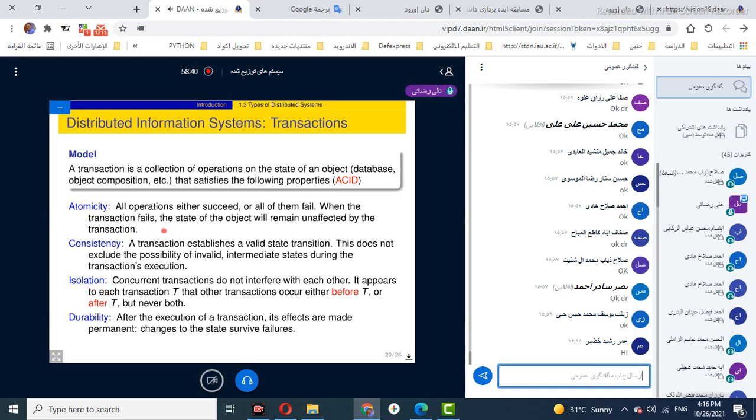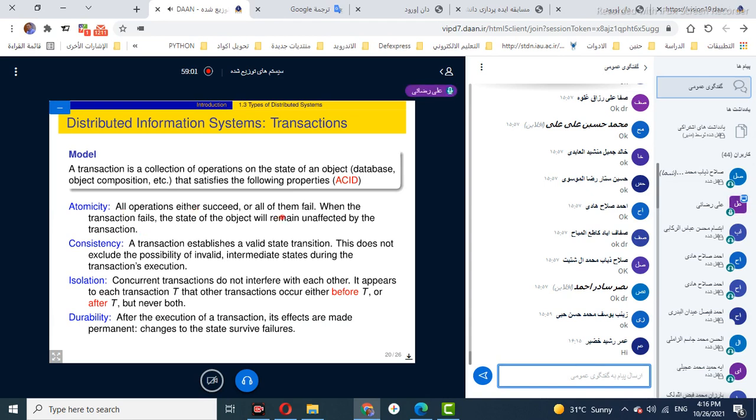We know them as ACID properties. First of all is atomicity. As I mentioned in the previous slide, in a transaction, all operations will succeed or all of them will fail.